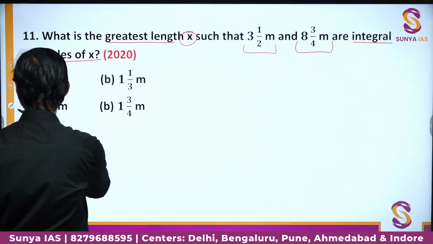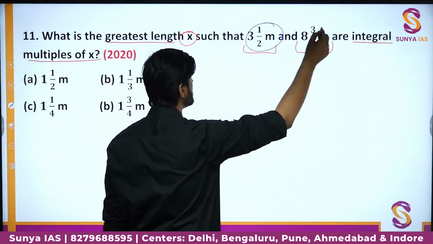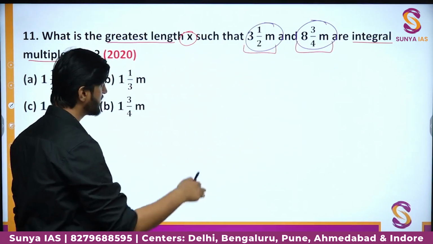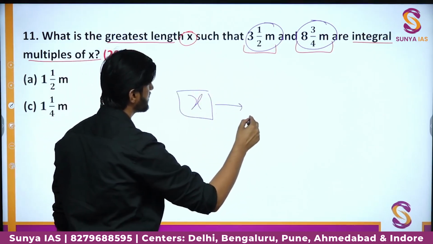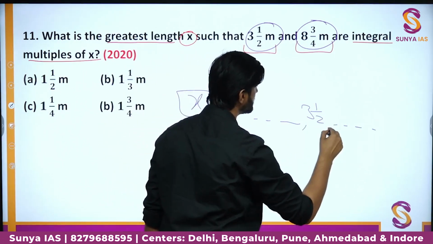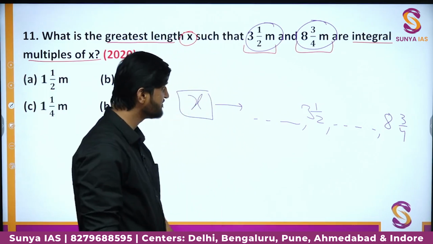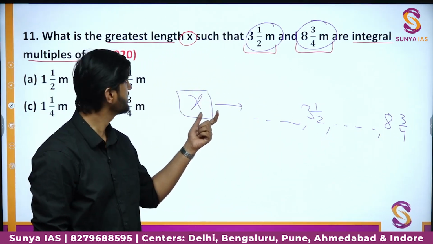And now if someone says that these two lengths are integral multiples of a number x, that means that in the table of x also comes 3 1/2 and also comes 8 3/4. Both of them have this number as their multiple.